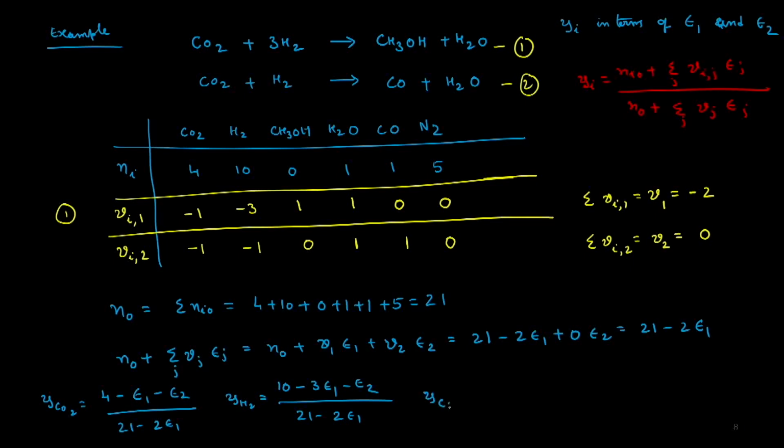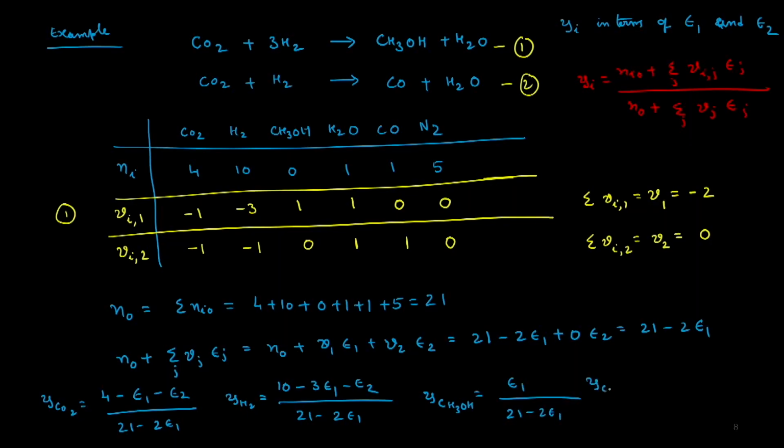For methanol, there are no initial moles, and it is produced only in the first reaction, and nu for methanol in that reaction is 1 times epsilon 1, nothing in the second reaction, over 21 minus 2 epsilon 1.